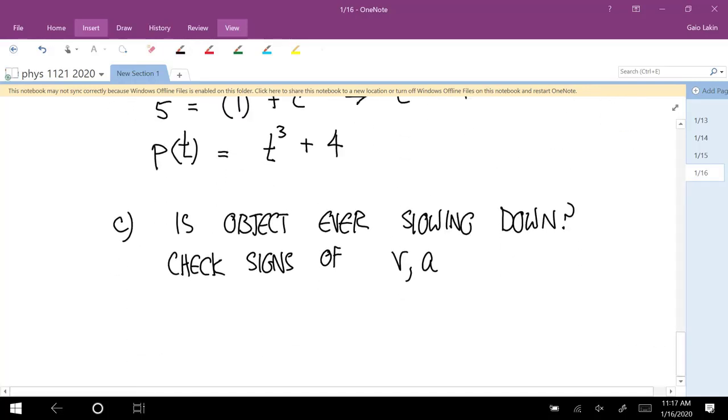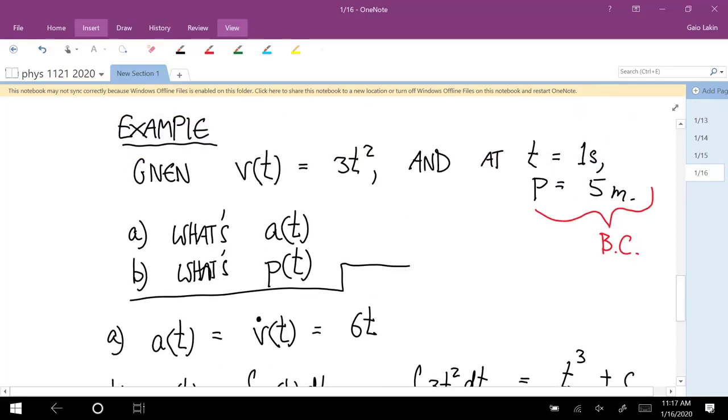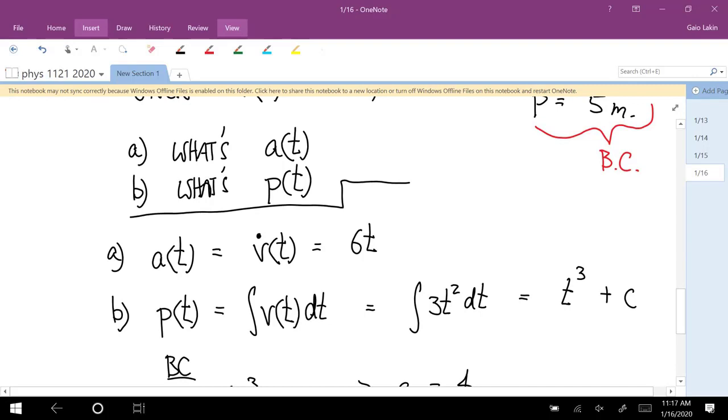So velocity is always positive. Is acceleration ever negative? Whenever time is negative, right. And in this class, we're never going to deal with negative times.